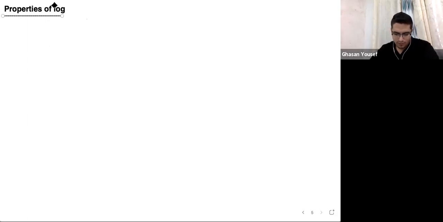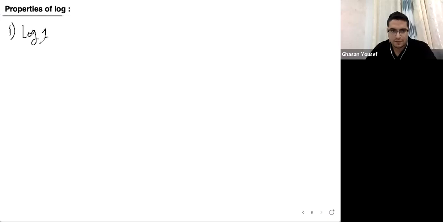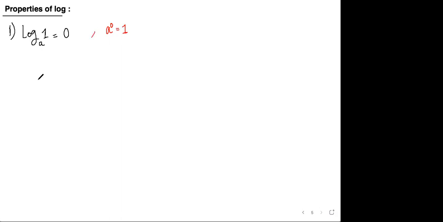First property: the logarithm of 1 for any base is always equal to 0. And actually this is correct. Why? Because a to the power 0, what is that equal to? Equal to 1, always.